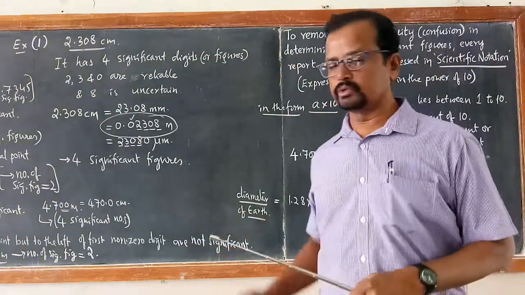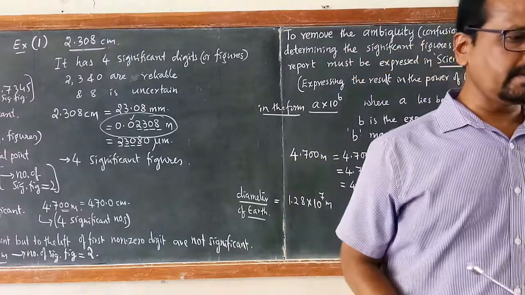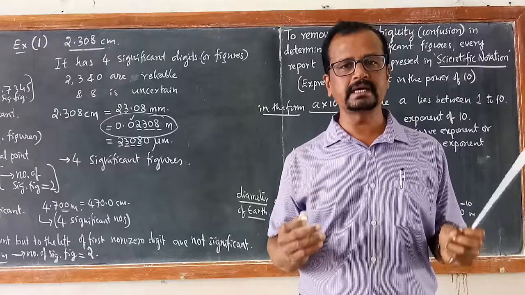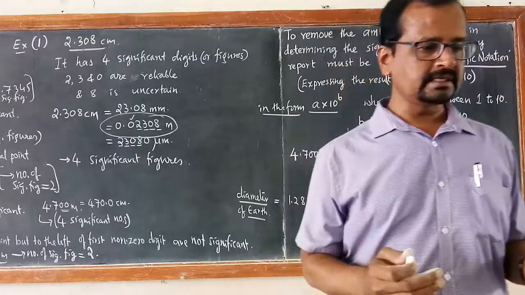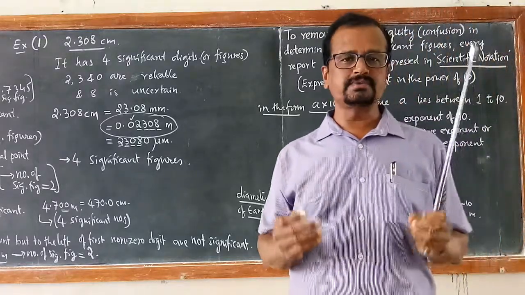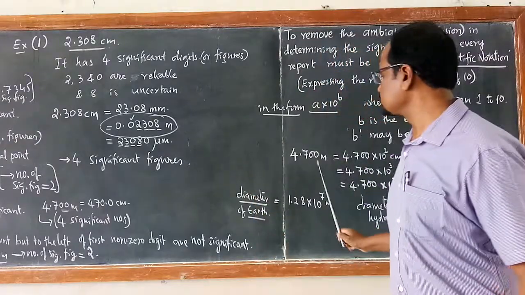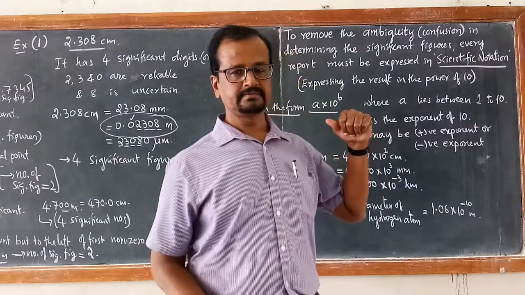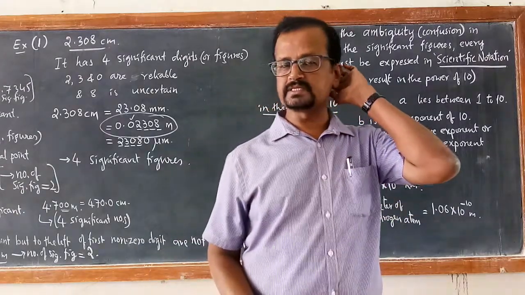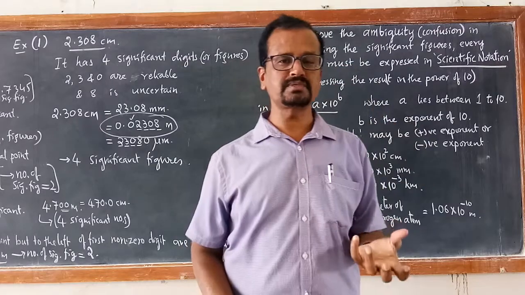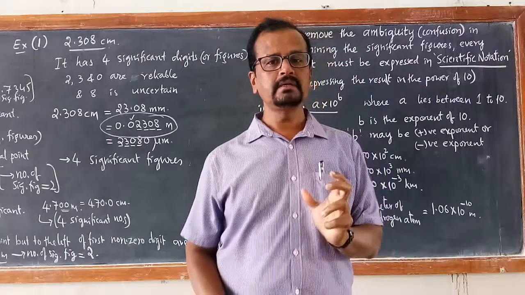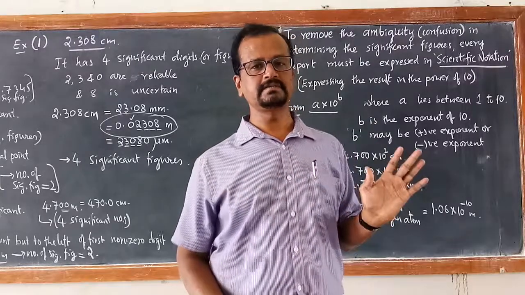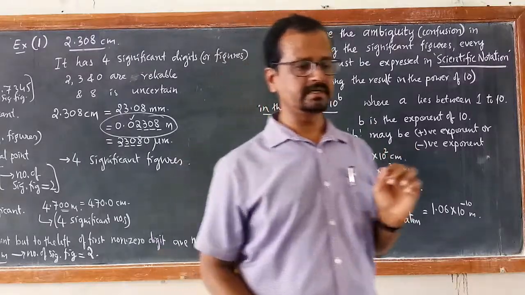Before we conclude, let us remember two things. If a number is greater than 1 and it is not expressed with a decimal, then remember the trailing zeros are not significant.